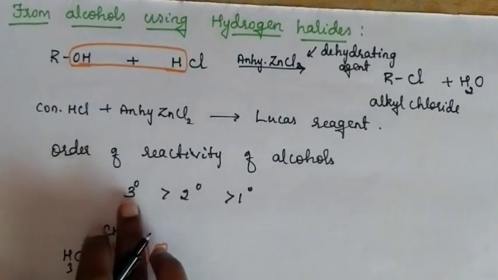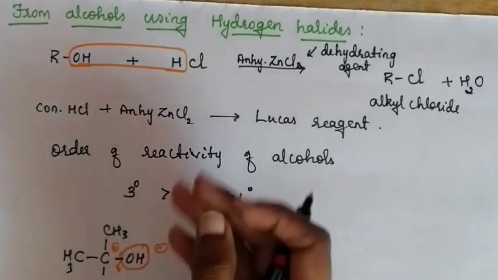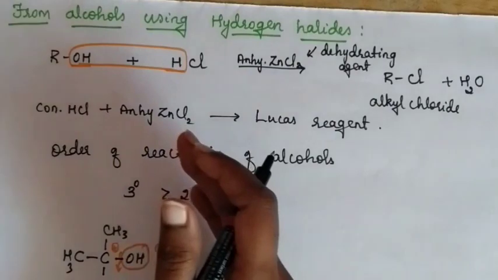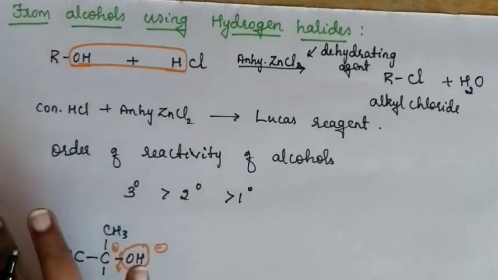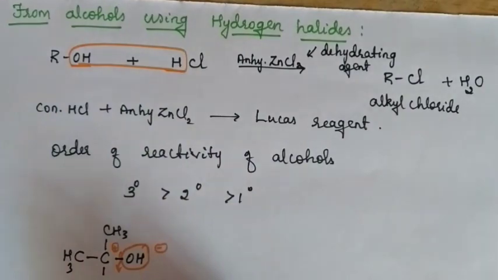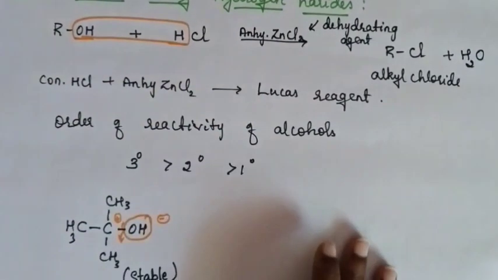That is why tertiary alcohol reacts very easily in this process, because it forms a tertiary carbocation as an intermediate. So tertiary alcohol will undergo reaction very fast compared to secondary and primary.